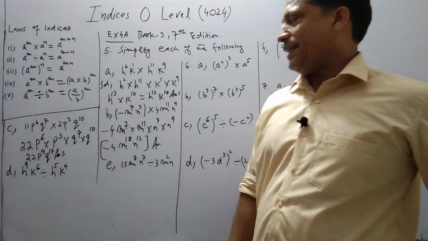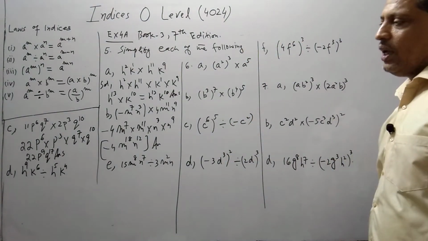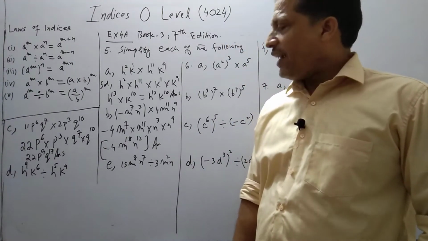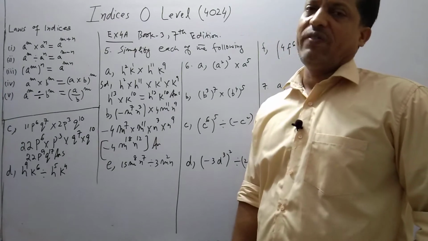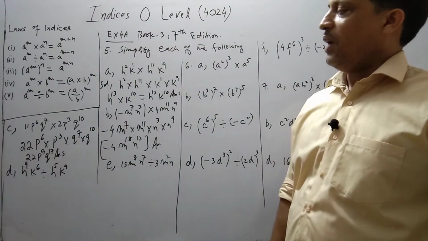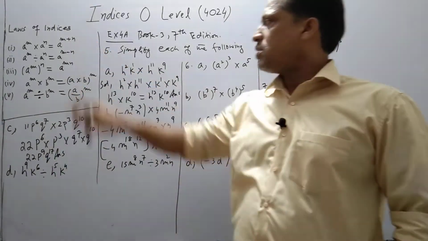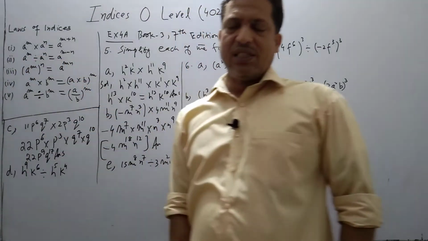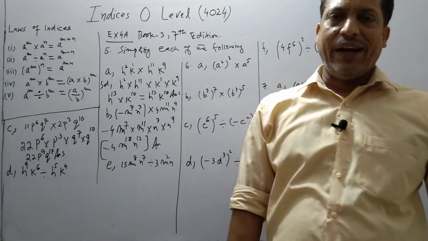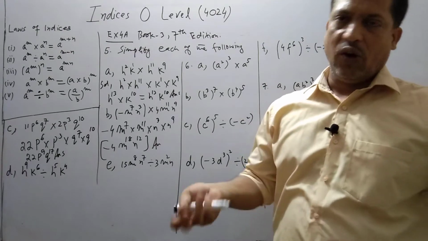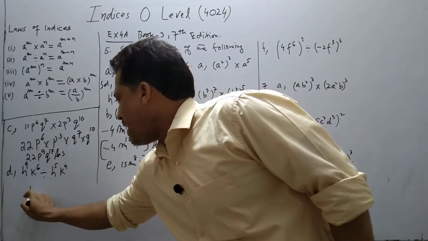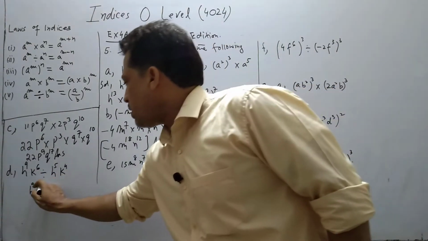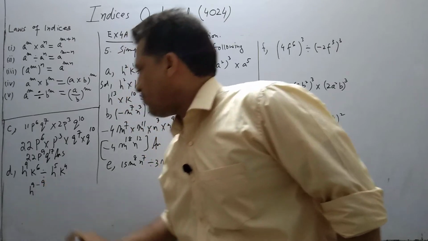Look at part D. In part D, what is the question? h power 9 k power 6 divided by h power 5 k power 4. So we will apply second law, because second law tells us if we have same bases and both bases are divided, we just subtract their exponent or power. So this is h9 divided by h5, so h9 minus 5.